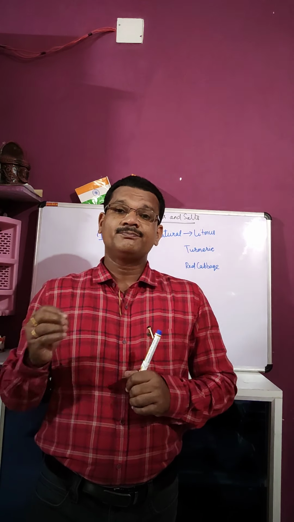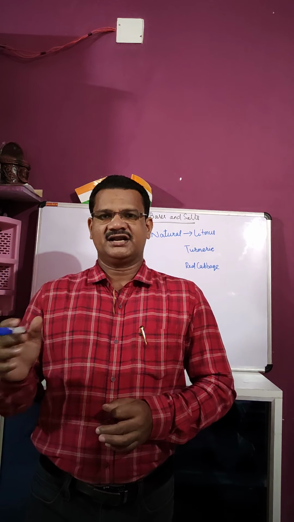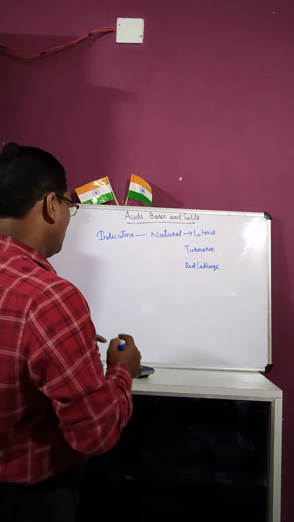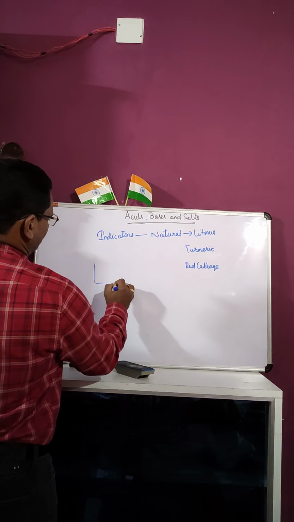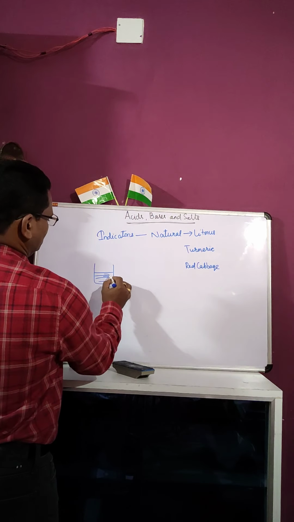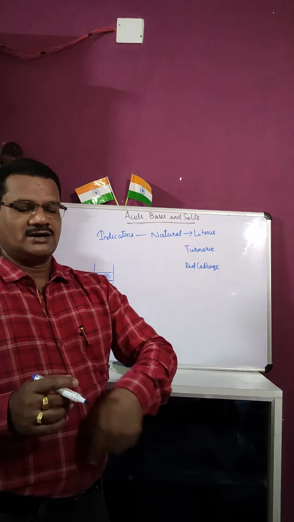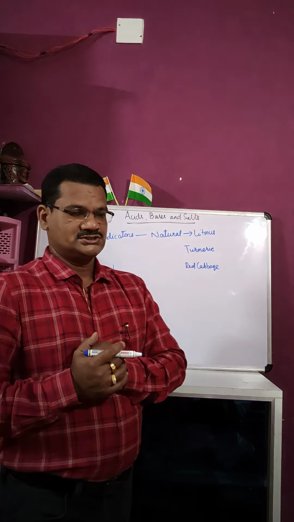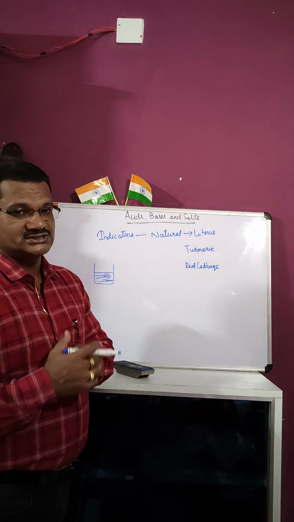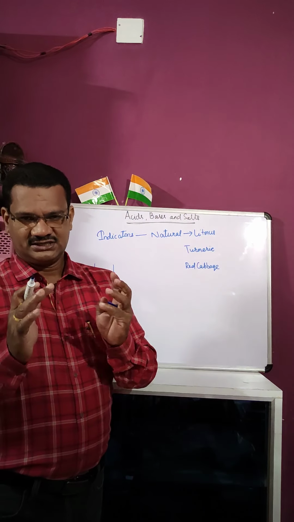It is made into blue and red, so we have blue litmus and red litmus. Suppose we are given a solution in a beaker. We can't taste it. Now, we are given a blue litmus. If we touch it with blue litmus and it changes to red, I can know that this is an acid.